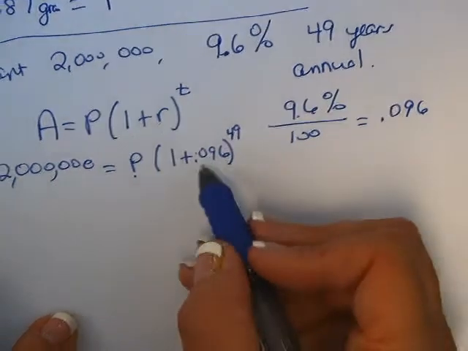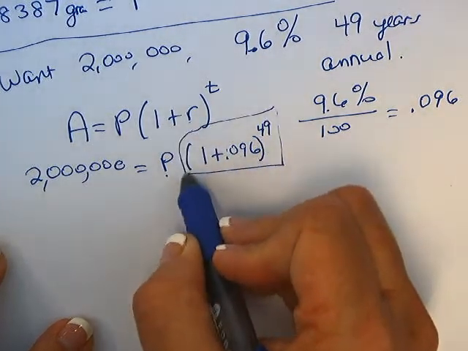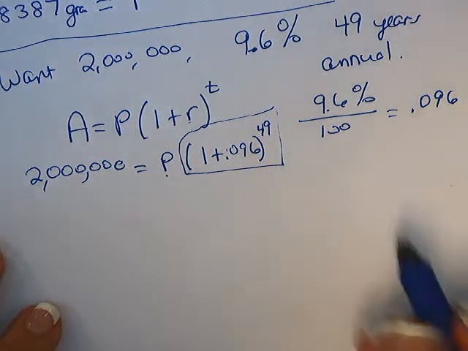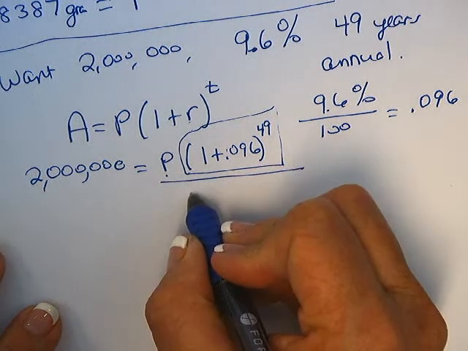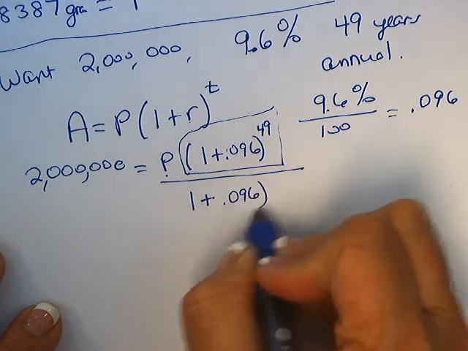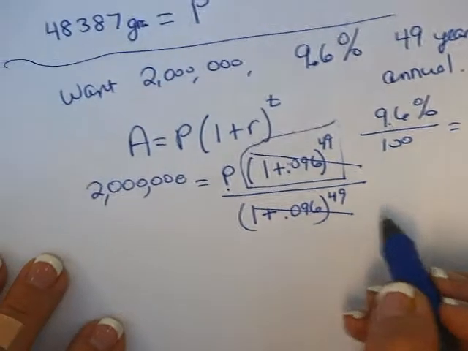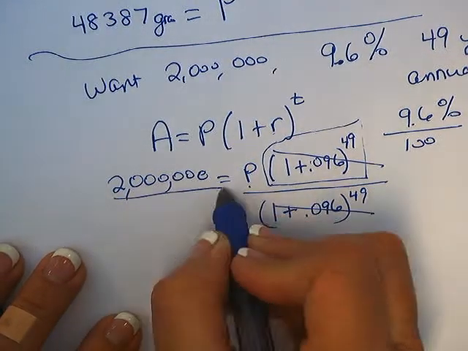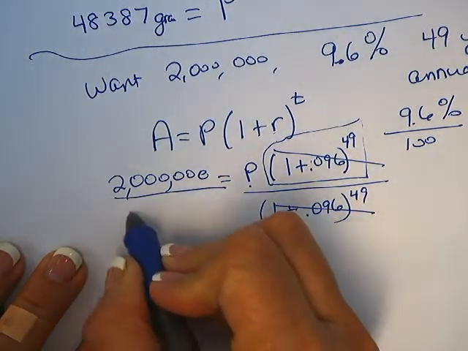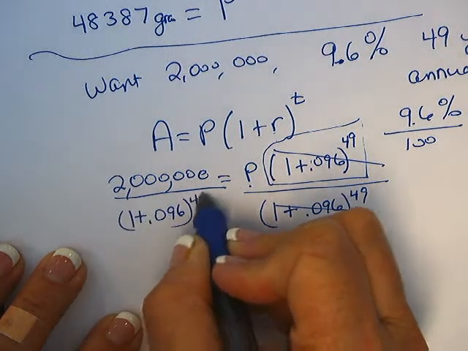So I'm going to go ahead and calculate what this amount is, and then divide both sides by it. So we'll be dividing by 1 plus 0.096 to the 49th. These will cancel. And on the right side, I divide by the same amount, 1 plus 0.096 to the 49th.